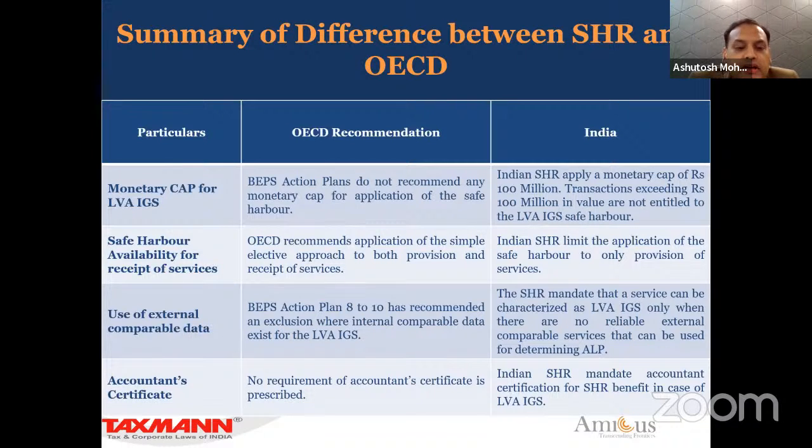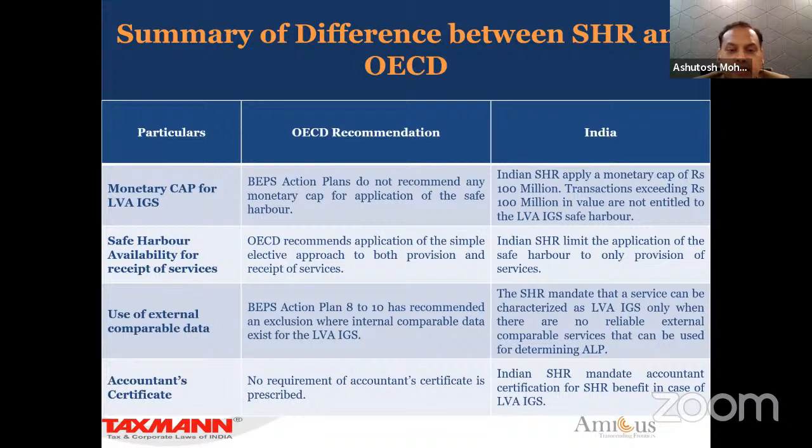Safe harbor, as per OECD, should be available in both scenarios: when you are rendering services and also when you are receiving services. So in both scenarios, whether a cost plus 4 or cost plus 5, that should work as per OECD. But the Indian SHR limits the application of the safe harbor only to when you are receiving services from overseas.